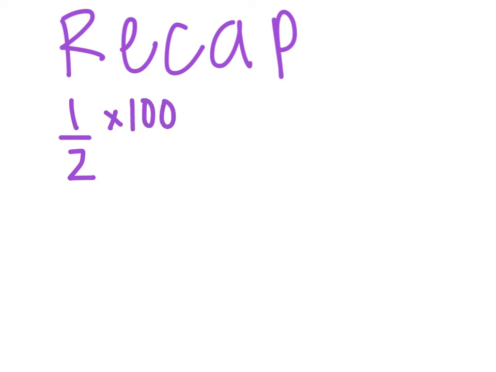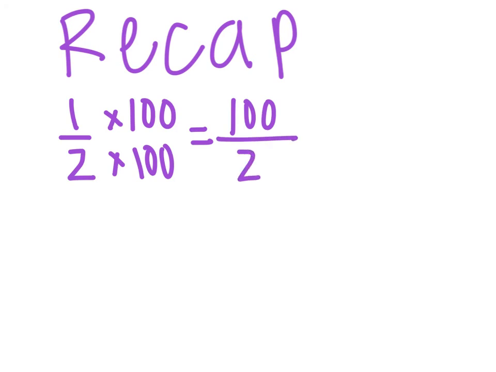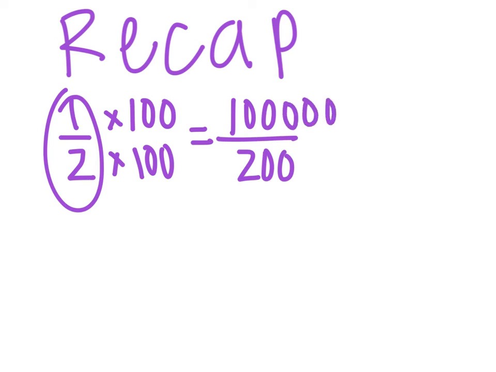I could multiply them by 100 or 1,000 or even 1,000,000. 100 over 200 is the same as 1 over 2. 1 million over 2 million is the same thing as 1/2. Because all I would do is multiply the top by a million and the bottom by a million.